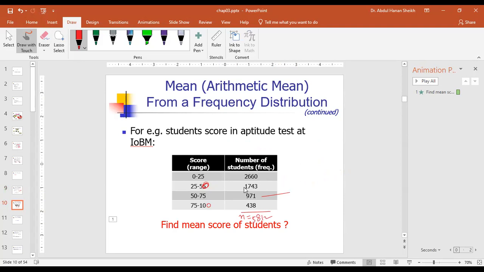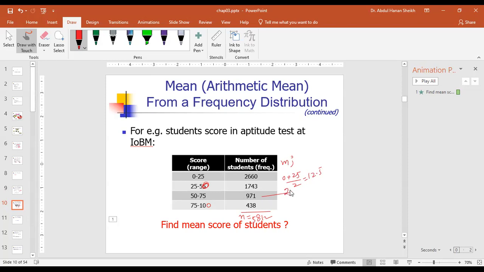So this is N. Sir, is there no specific formula for finding the midpoint? Yes, there is. The midpoint Mj is 0 plus 25 divided by 2. You just add the starting and the end point. Take the average of the starting and end point.